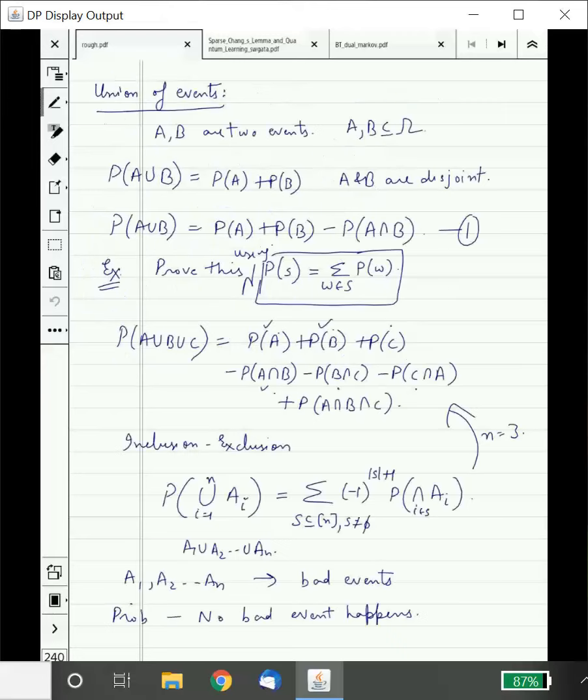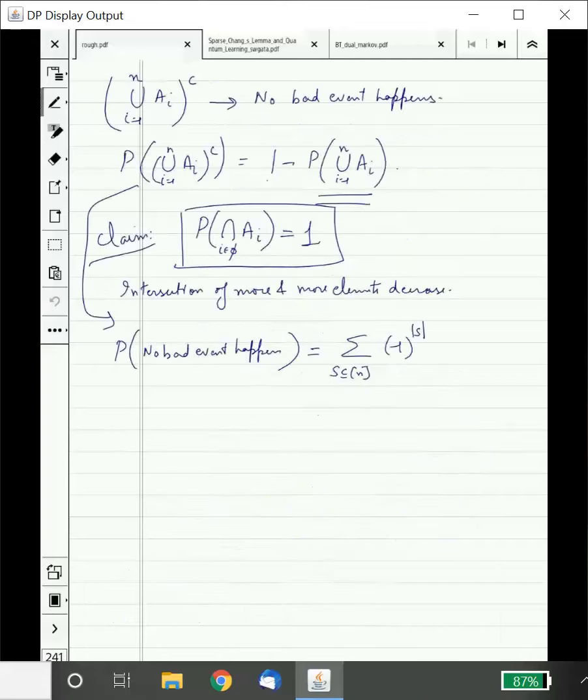I will just show you the expression. When I take 1 minus this thing, it goes out and we get the intersection over i an element of S. So this is our formula for no bad event happening, where A1, A2, ..., An are all the bad events.